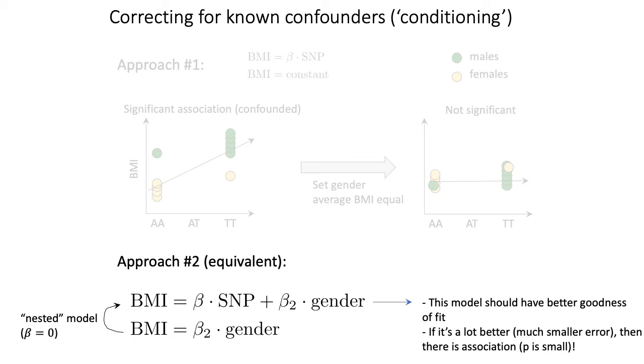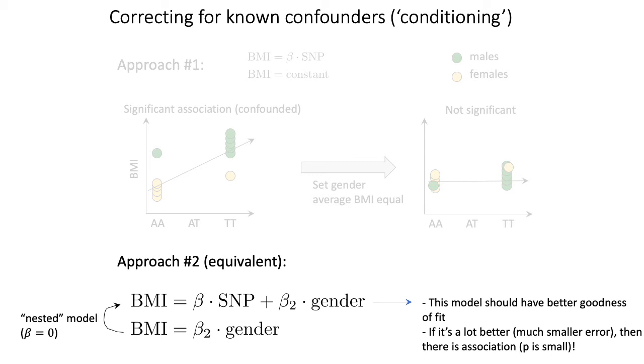The reason for this is that no matter what line you fit for the second model, no matter what you set beta 2 equal to for the second model, you can fit an equivalent line in the first model by setting beta equal to 0, by setting the effect of SNP to be 0.